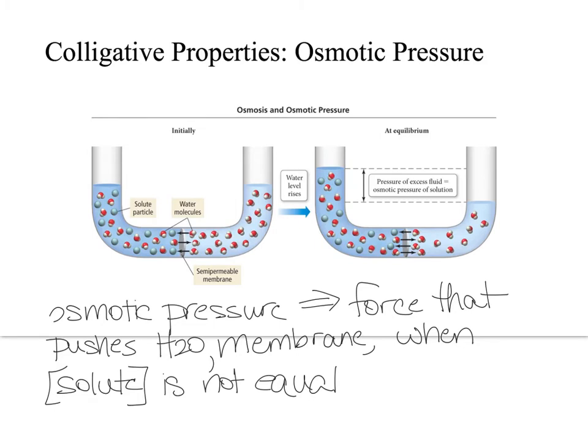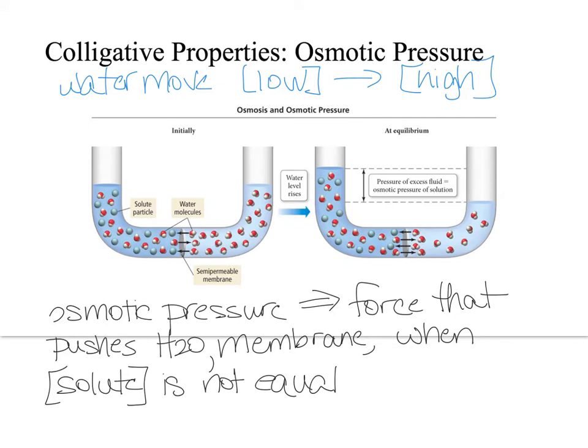Typically what happens is water will move through a membrane from an area of low concentration to an area of high concentration of some solute. Looking at the picture here, you can see on the left there's quite a bit of solute, and we could just quantify it by counting it. But on the right hand side we've got pure water.